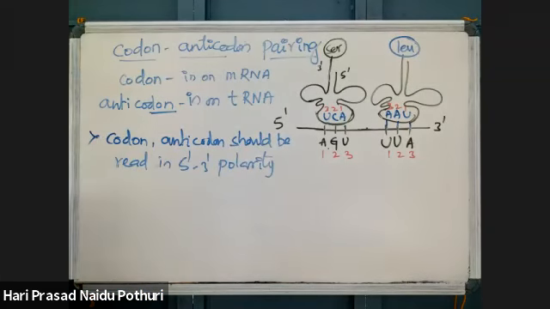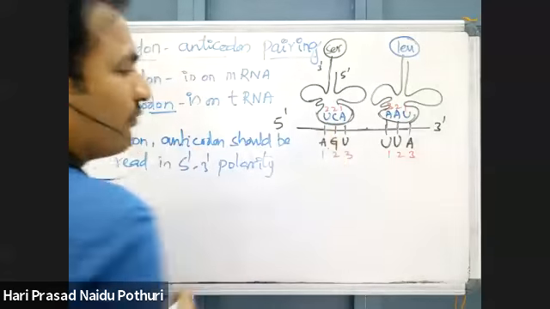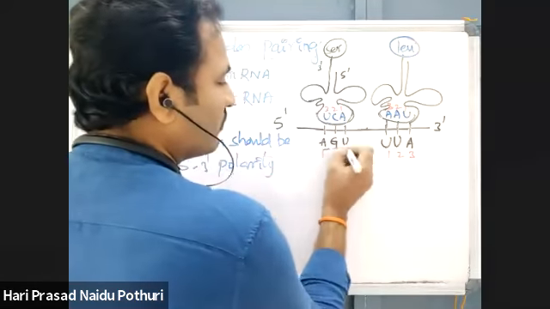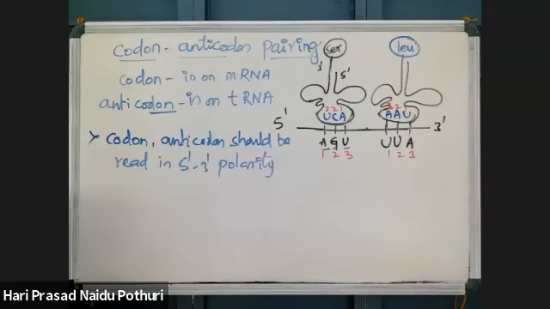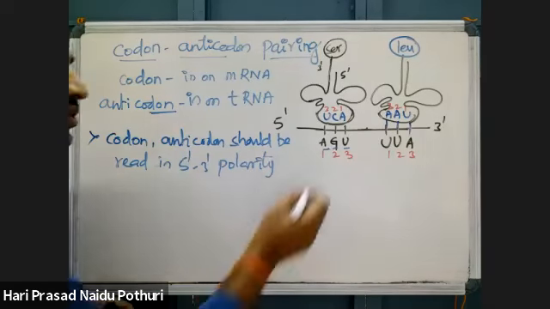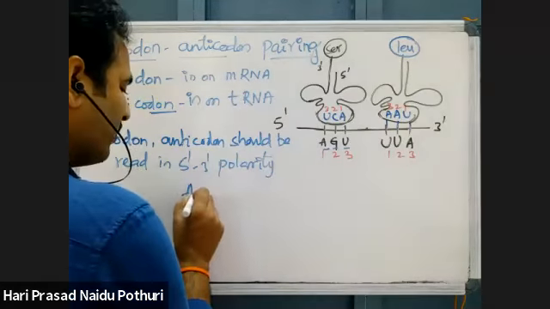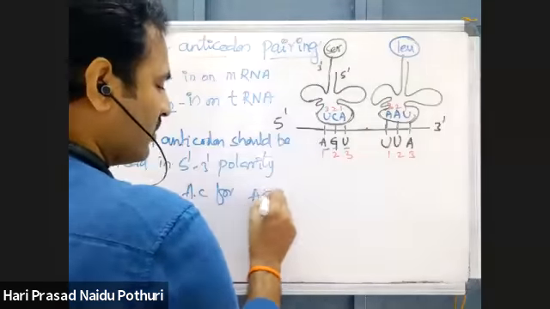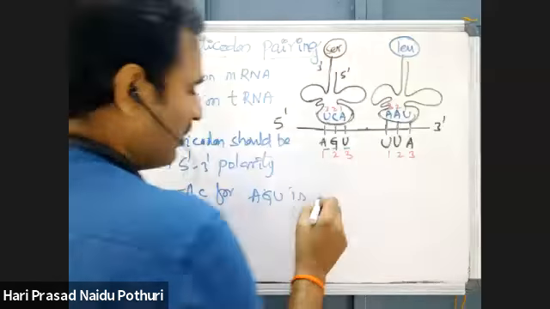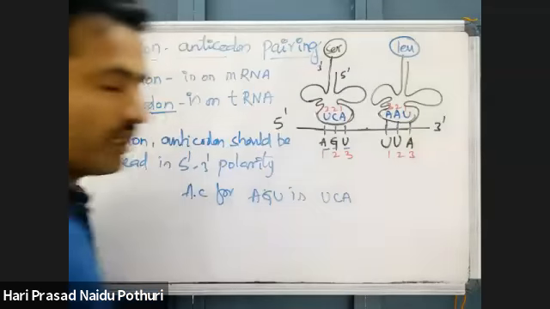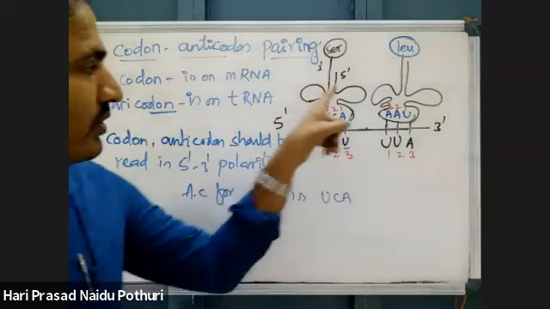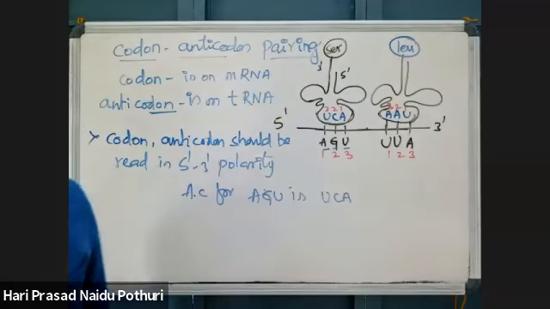Suppose if I ask what is the anticodon for AGU, what is your answer? When you are writing, you can say the anticodon for AGU is UCA. Like that you can write. But for reading, you have to say ACU.